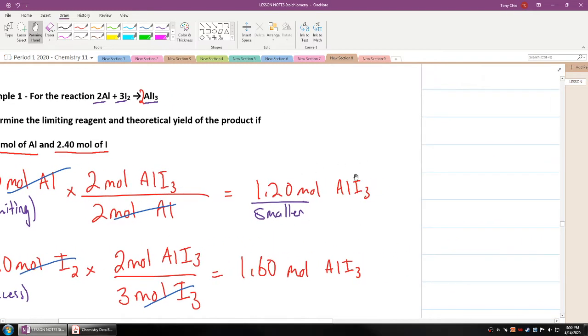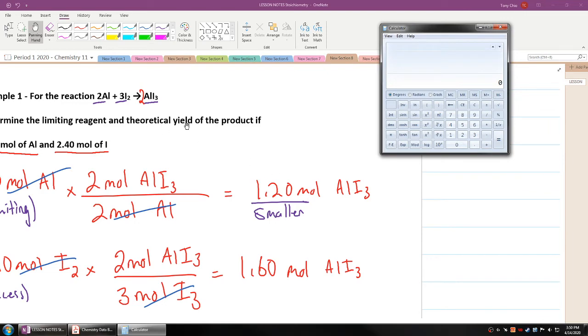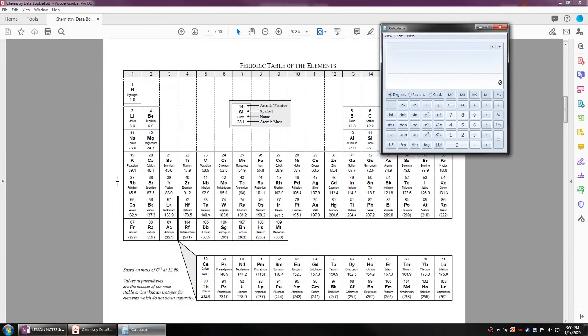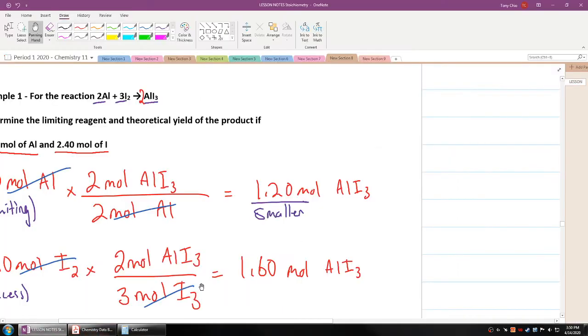Well, how much aluminum iodide would you form? To solve that, you take your moles to find your theoretical yield and multiply it by the molar mass of aluminum iodide. In this case, it's 27 for aluminum plus 3 times 126.9, and you're going to get 407.7.